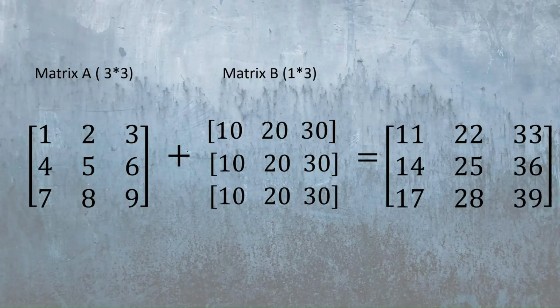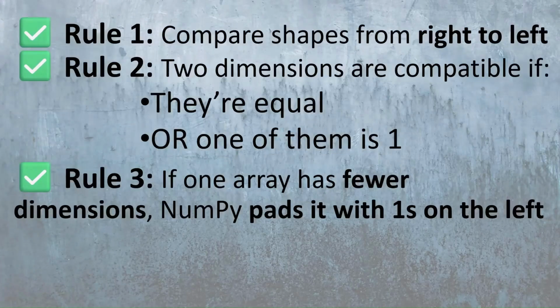Now, are there any rules of broadcasting? Of course, there are. But the best part is you don't need to memorize these rules. They're logical, so if you understand shape alignment, you need not memorize them. But this is how the rule goes. We compare the shapes from right to left.